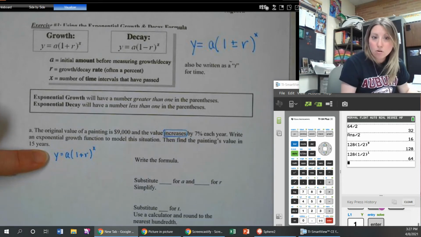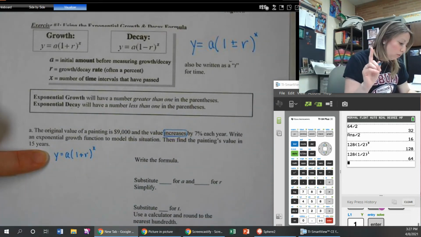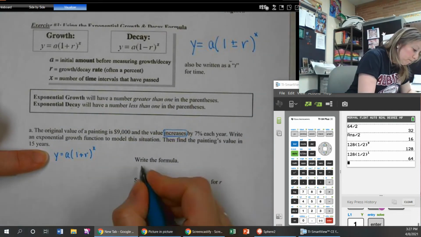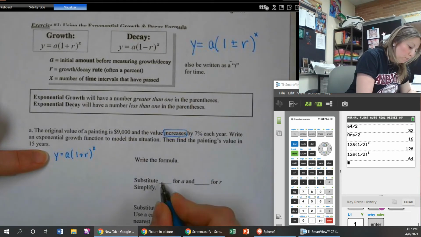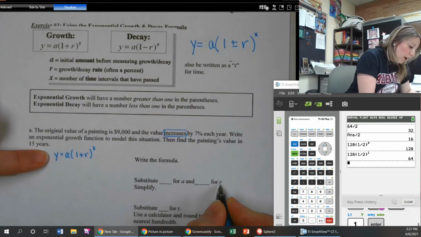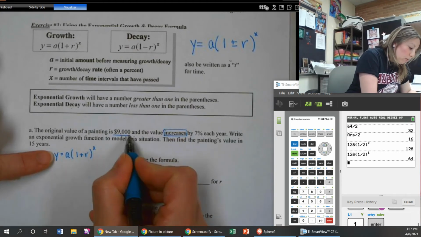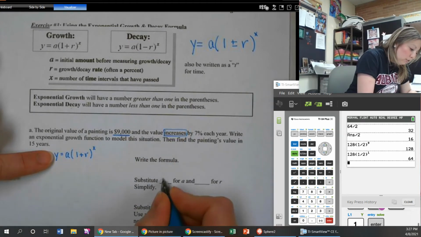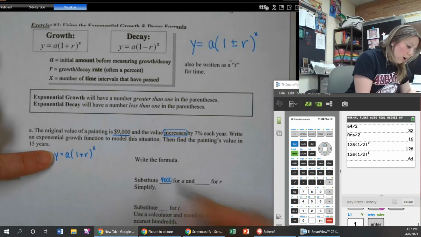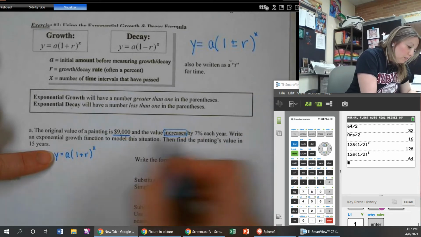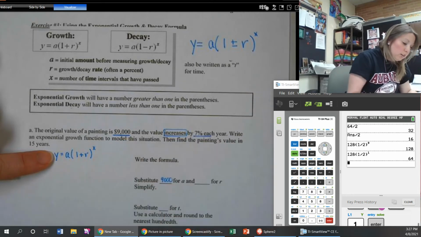So now let's determine the initial value, A. It says substitute blank for A and blank for R. Okay. Find the initial value, which is the original value of the painting, $9,000. So substitute 9,000 in for A. And the value increases at 7% each year.